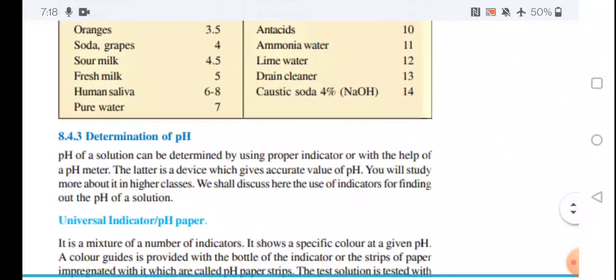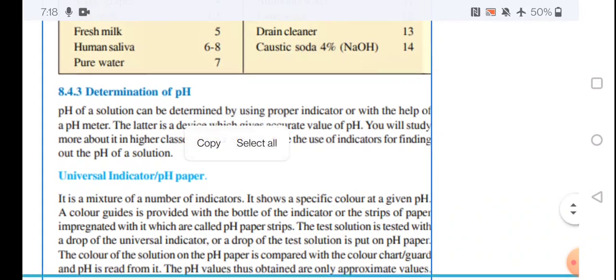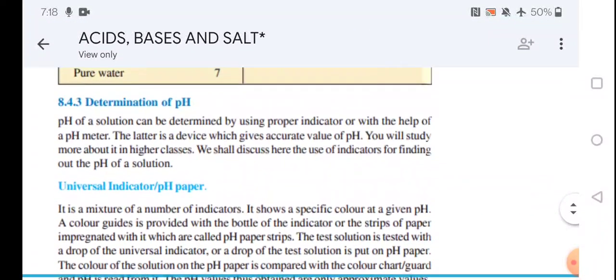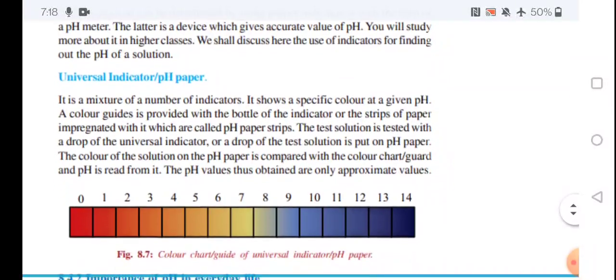Next, determination of pH. The pH of a solution can be determined by using a proper indicator or with the help of a pH meter. The latter is a device which gives an accurate value of pH. You will study more about it in higher classes. We shall discuss some of the indicators for finding the pH of a solution.